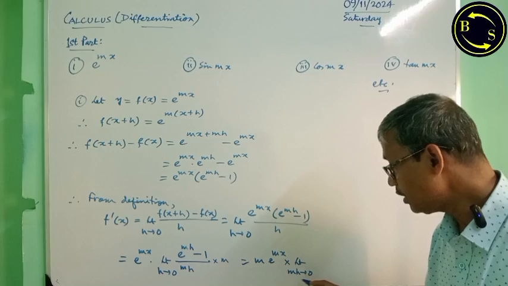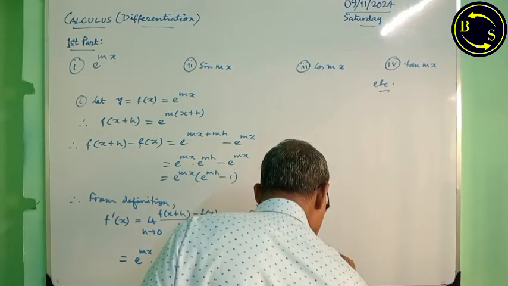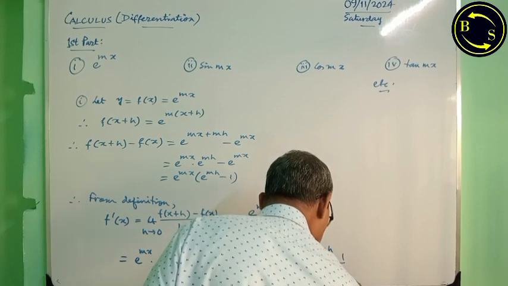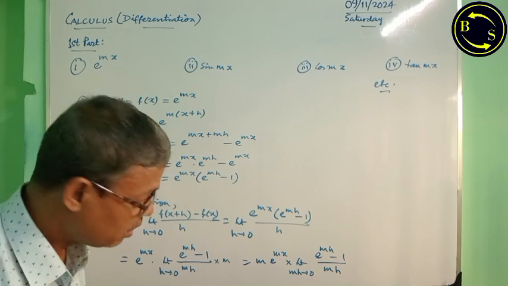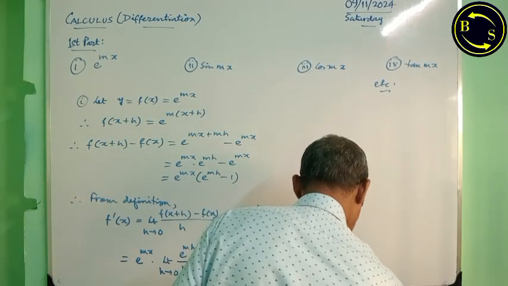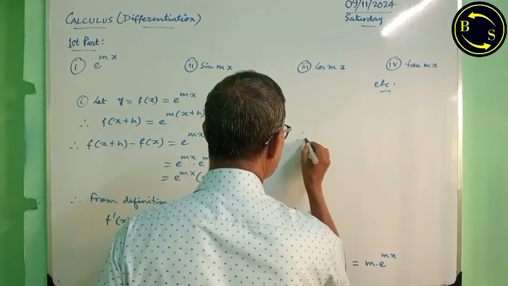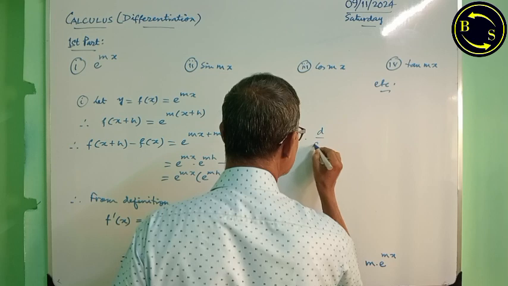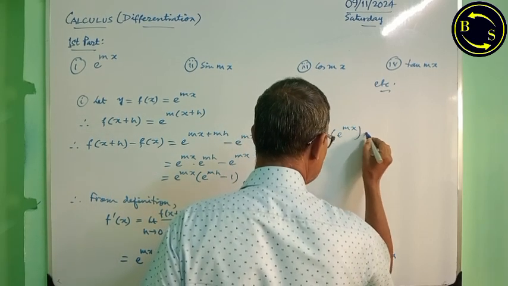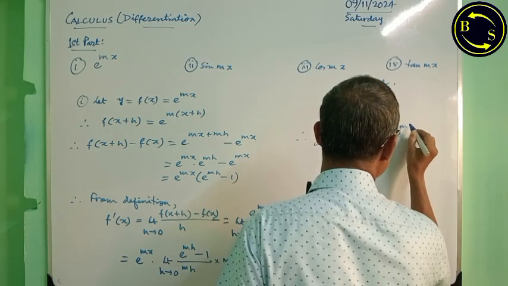Therefore limit mh tends to 0 of (e to the power mh minus 1) by mh. This is the standard limit. Therefore the value of this one is 1. Therefore finally what we get is m e to the power mx. Therefore finally we write d/dx of e to the power mx is equal to m into e to the power mx.